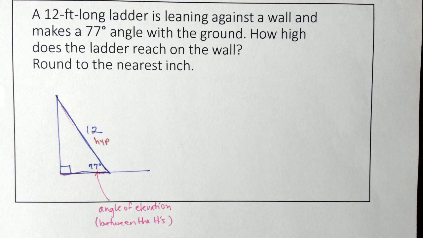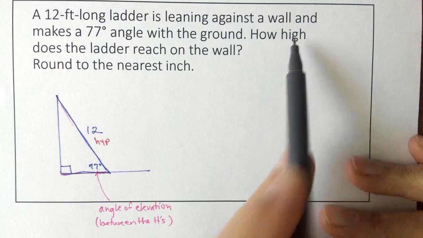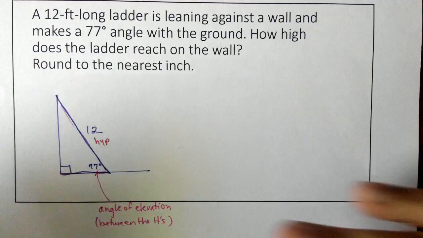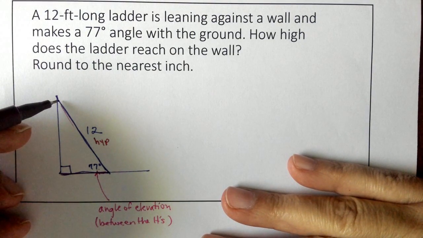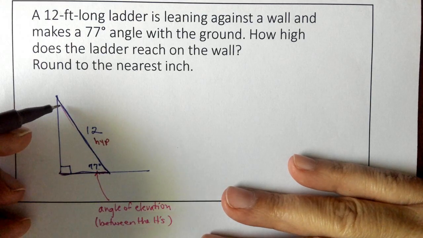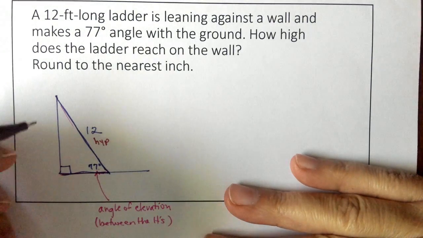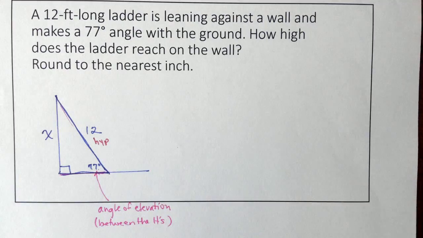Both are in the bottom corner of the triangle almost exclusively. We want to know how high the ladder reaches on the wall, so how high up this wall can we rescue someone from the window or just get up there to clean something? So we want to know x, that distance.